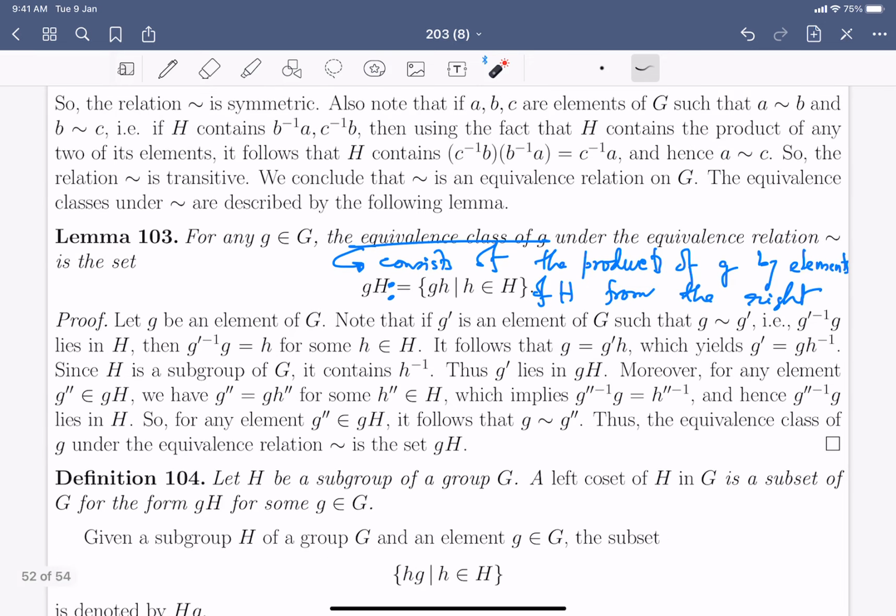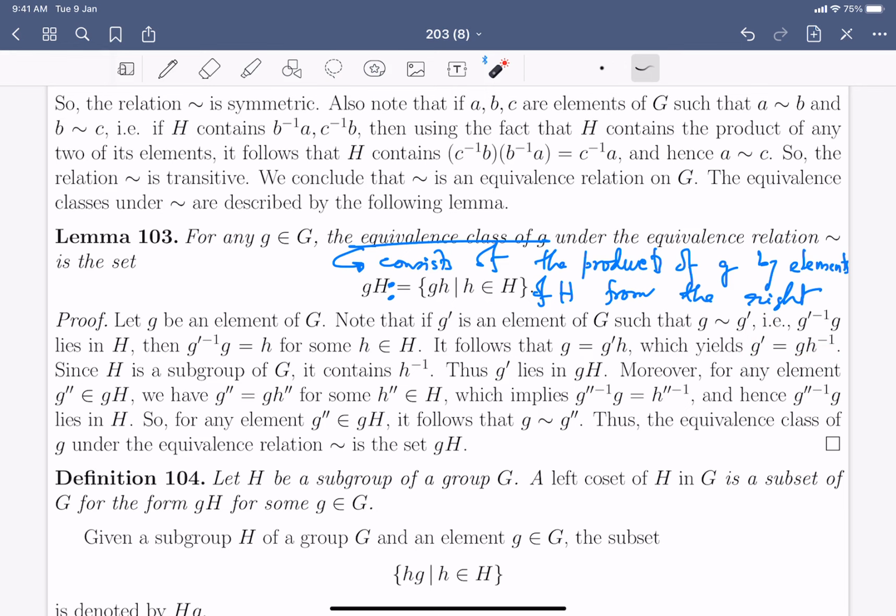So now it's time to prove this lemma. So pick an element g from G, and note that if you have an element g prime of G such that g is related to g prime, then you know that g prime inverse times g has to be an element of H. In other words, g prime inverse times g is equal to little h for some little h inside H. Then it follows that g is equal to g prime times h, and that shows that g prime is equal to g times h inverse.